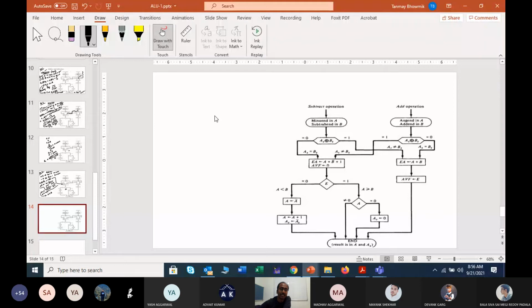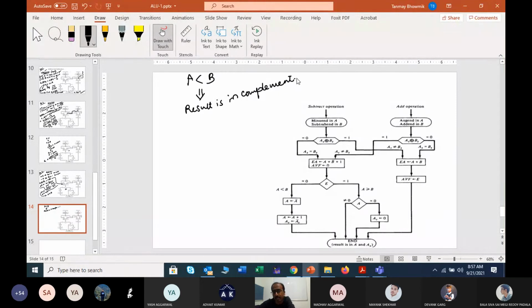You can say that A less than B means your result is negative, or negative is not the correct word right now. You can say that your result is in 2's complemented form.